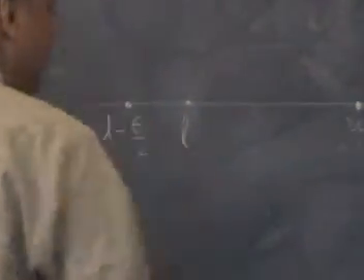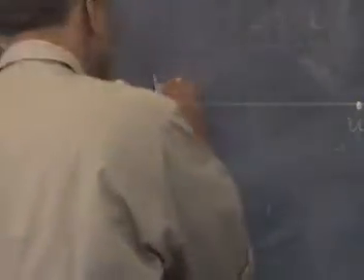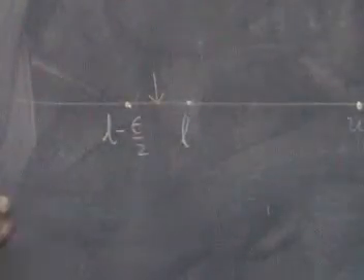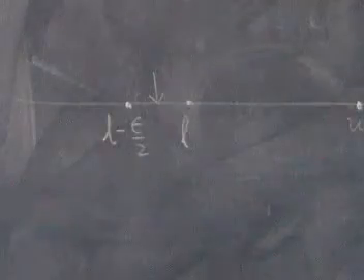Move to the left, there will be somebody to the right, to the east. Somebody should be to the right. Why? Because otherwise this fellow will become the greatest lower bound. So therefore, what does that mean?